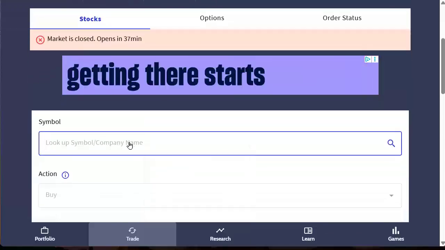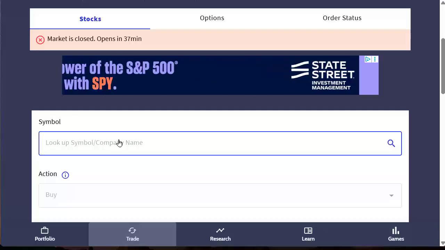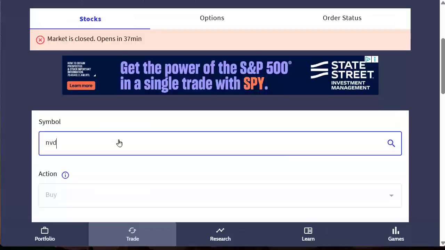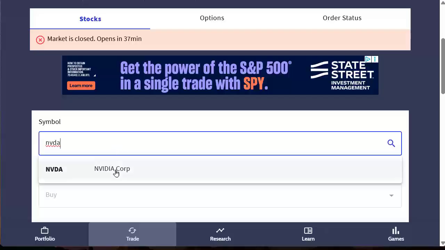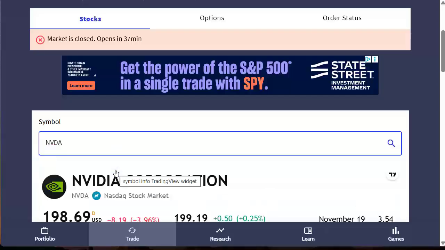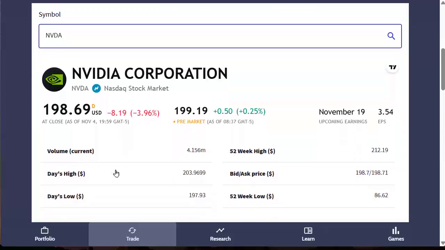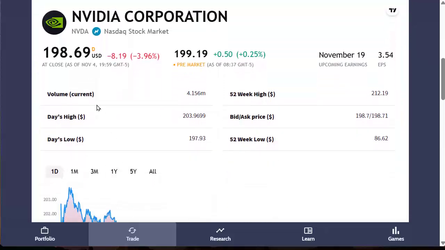Now today, on Wednesday, November the 5th, 2025, NVIDIA, yesterday, let's see what happened yesterday. Yesterday, the sale price of the NVIDIA shares went down by almost 4%, 3.96%.